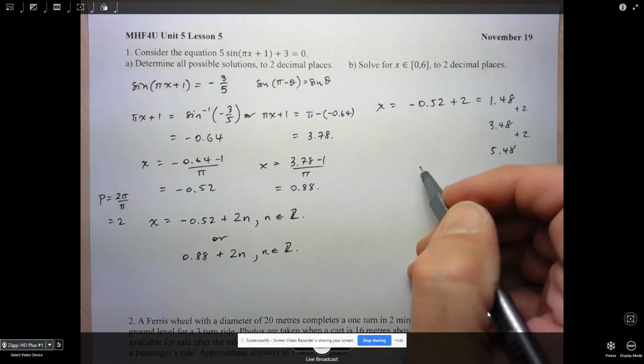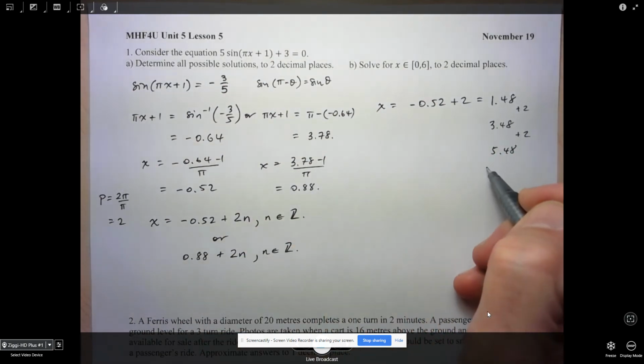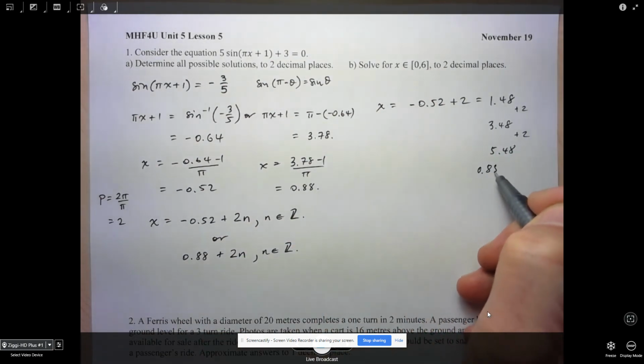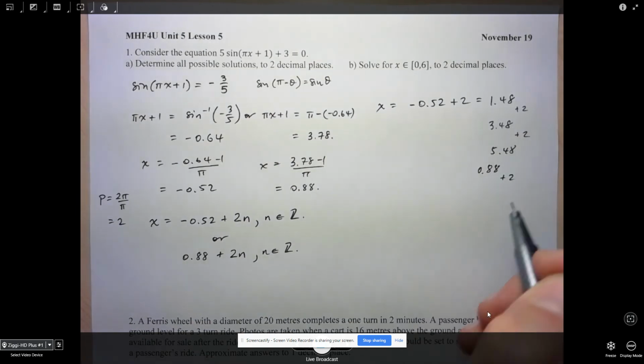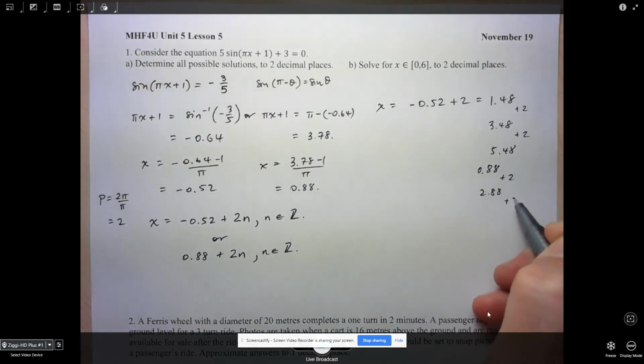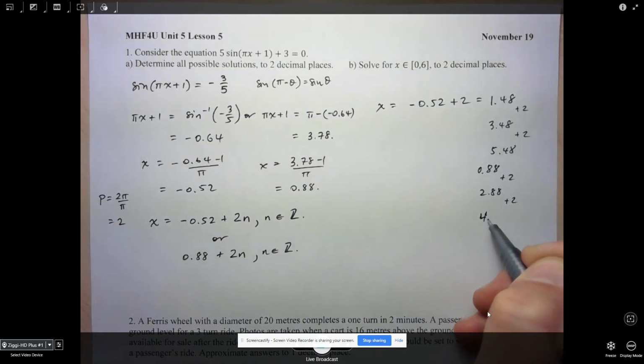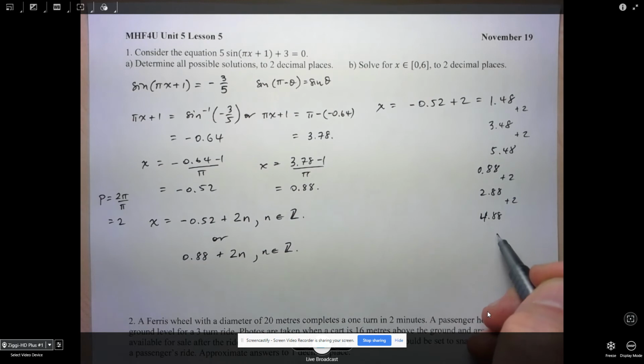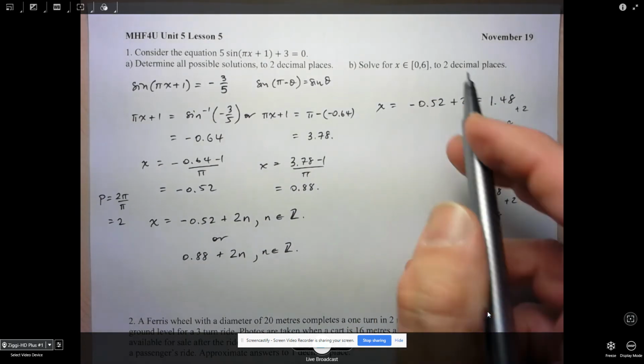And then I'm going to do the same thing here. I know I have 0.88, and I'm going to again add the period 2. That's going to give me 2.88. Then I'm going to add 2 again, that's going to give me 4.88. And I'm not going to go any further because that's going to take me beyond 6.